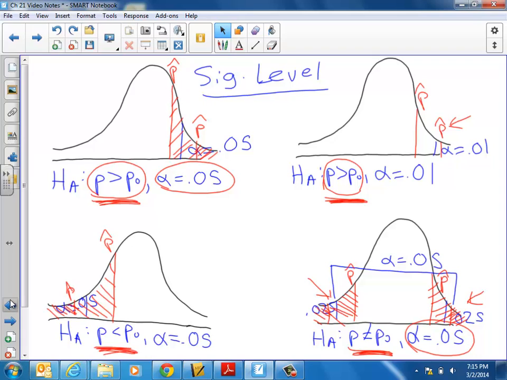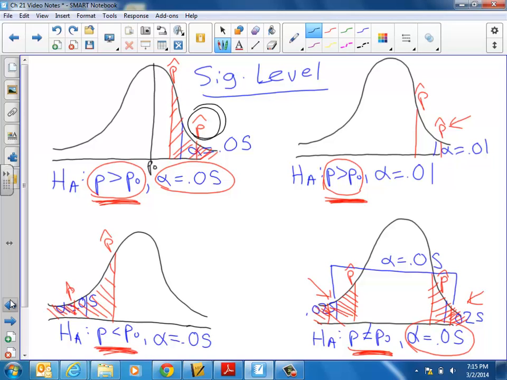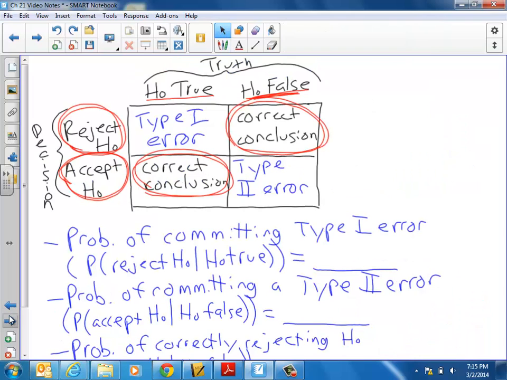Let's assume that P naught is actually the population proportion, but you have your sample falling to the right, in this case, of your significance level. So you would actually conclude the null hypothesis is false when it's incorrect to do so. That's a type 1 error.